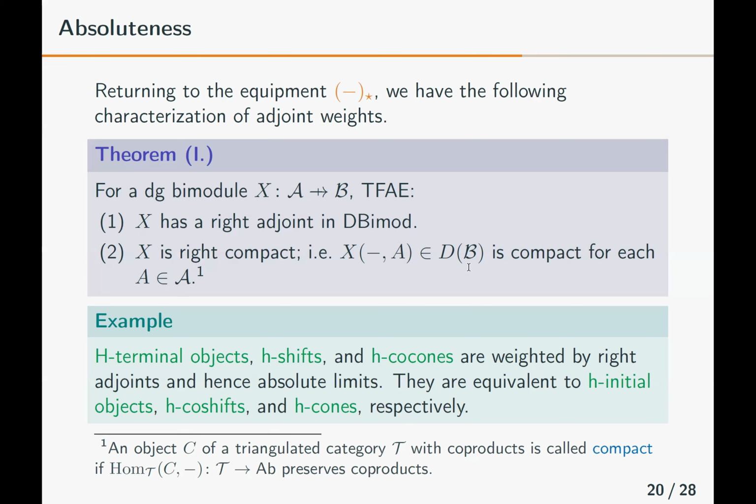Here, an object of a triangulated category is called compact if the covariant additive Hom functor preserves coproducts.